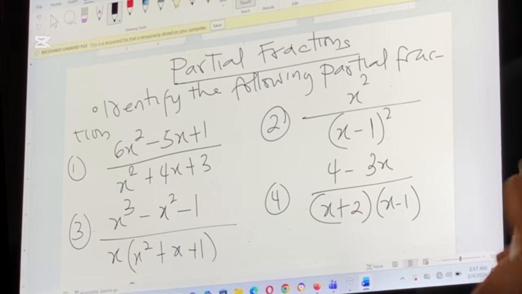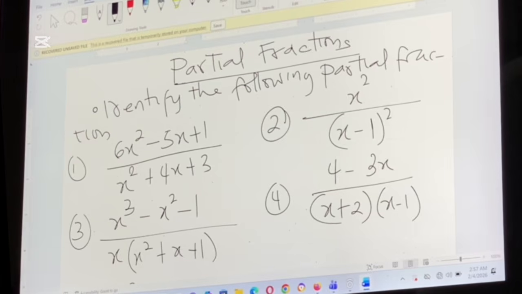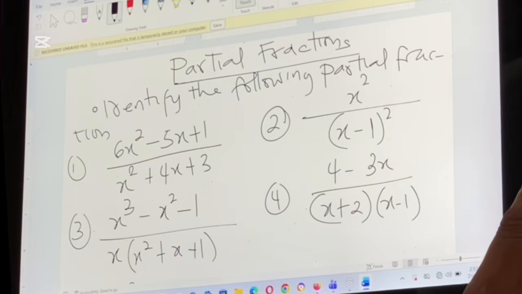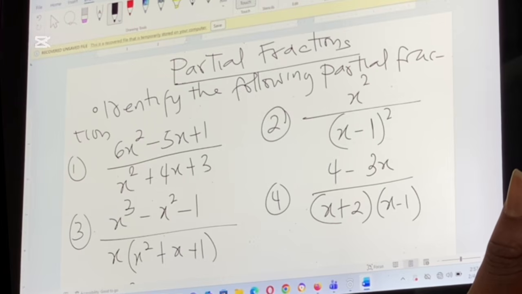If the highest degree at the denominator is greater than the highest degree at the numerator, we call that particular fraction a proper partial fraction. But if the highest degree at the numerator is greater than the highest degree at the denominator, or is equal in power, we call that particular fraction an improper partial fraction.